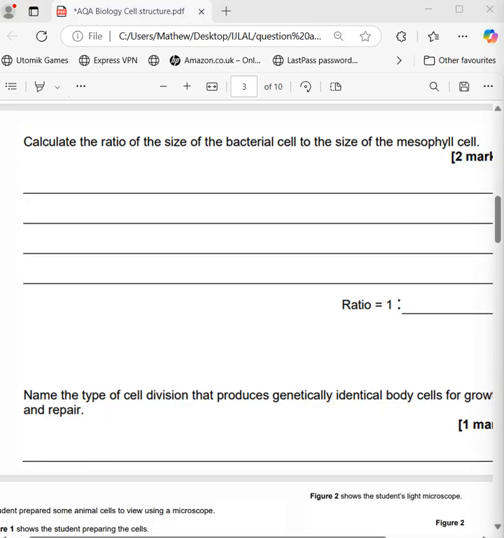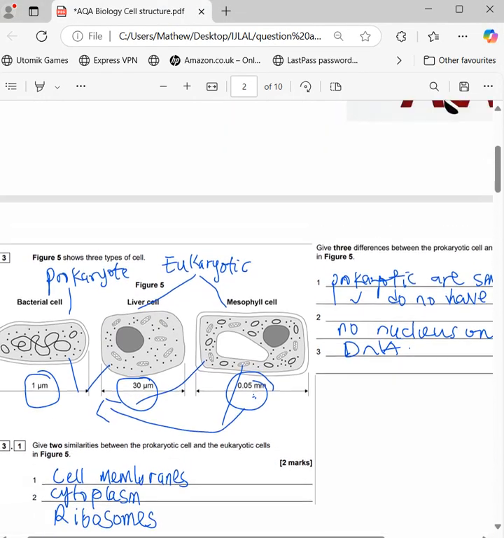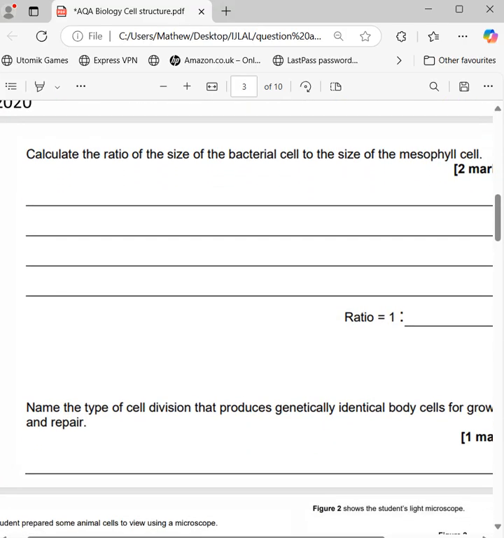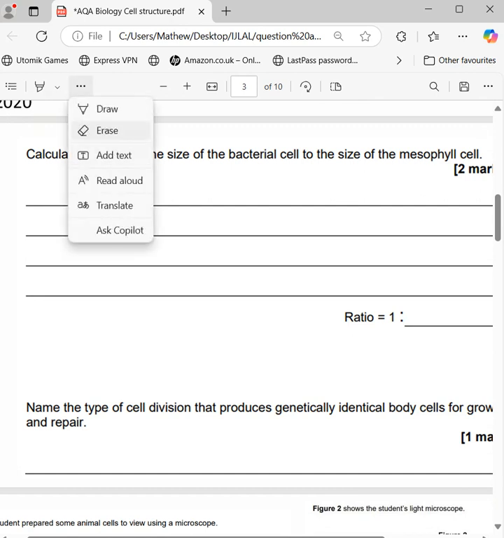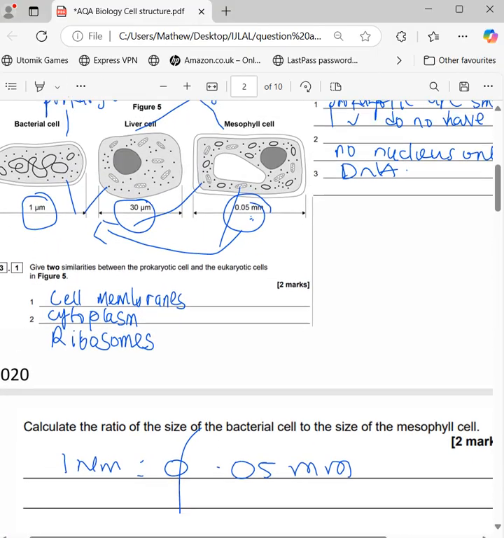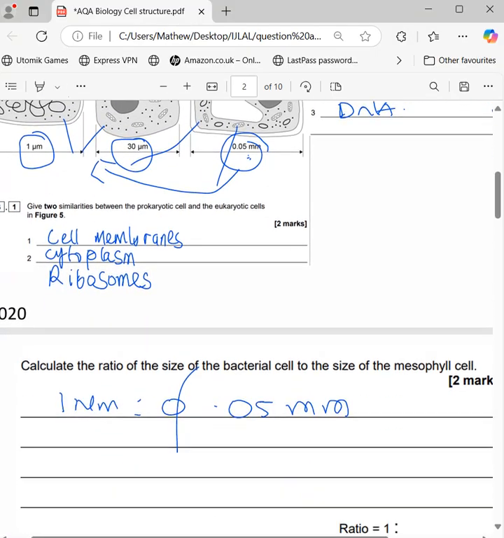The size of the bacterial cell is 1 micrometer, ratio 0.05 millimeters, because the mesophyll cell here is 0.05.